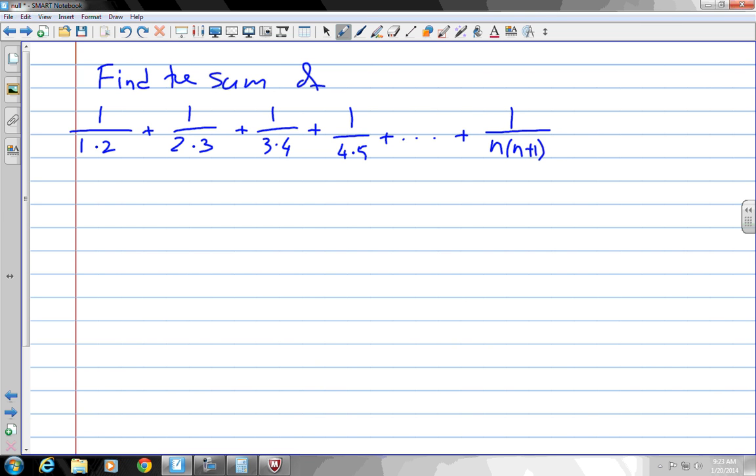So if I use the sigma notation, I can just say this. It's a sum of all fractions of the form 1 over i times i plus 1, where i goes from 1 to n. This is a concise way of doing this.